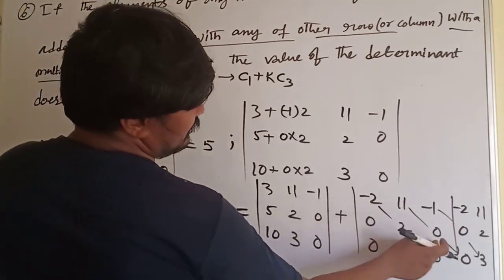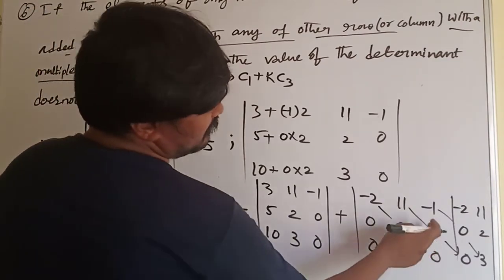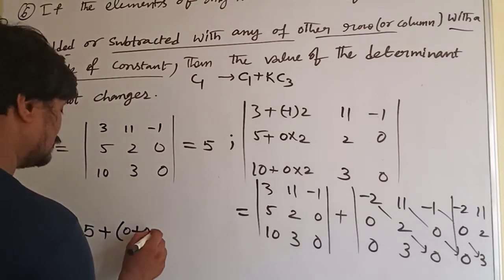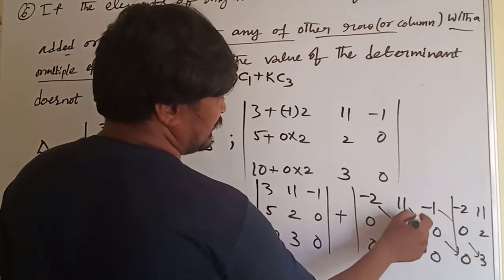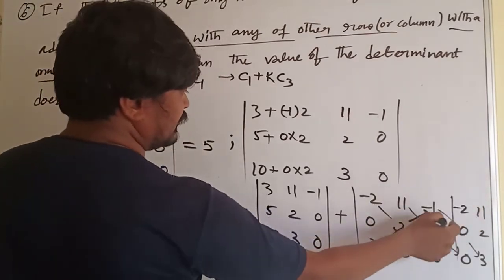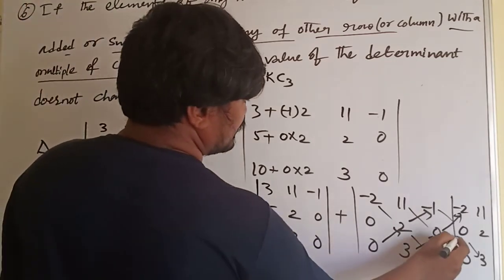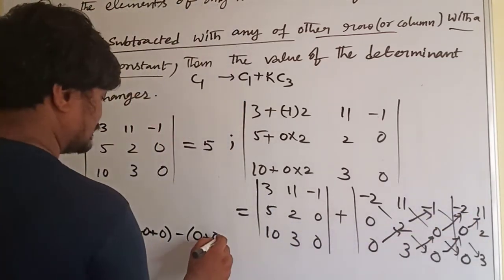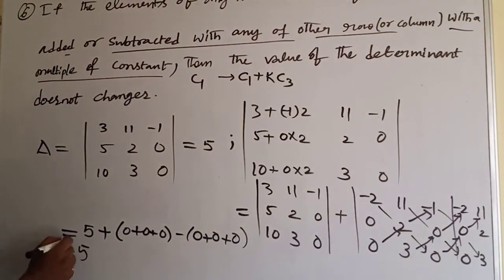Next, 11 into 0, 0; 0 into 0, 0. Next, minus 1 into 0, 0. Minus another one, 0 into any number, 0. 3 into 0, 0; 0 into any number, whatever it is, 0. Next, 0 into 0, 0. So at last all of this is 0 and you got only 5.